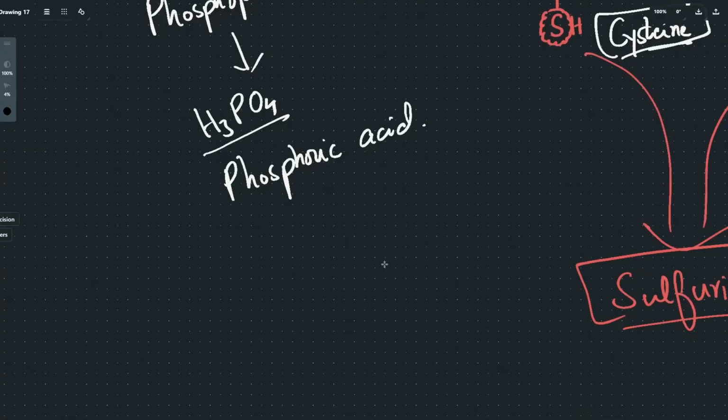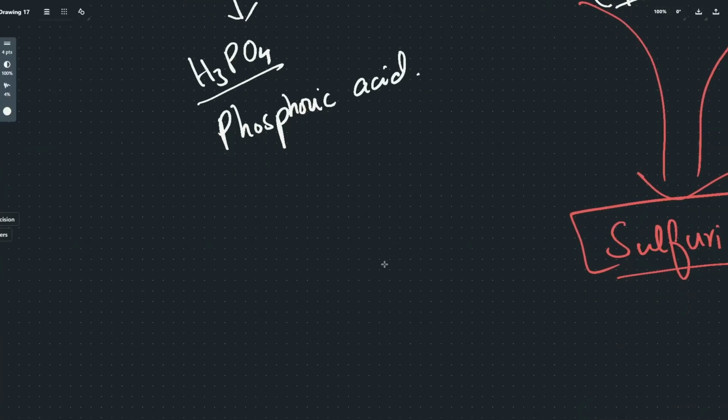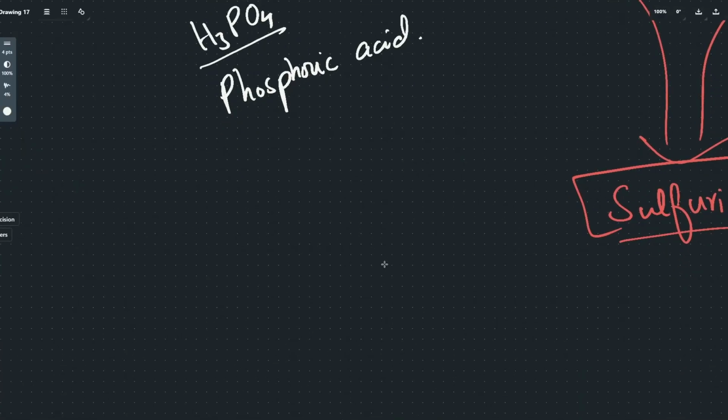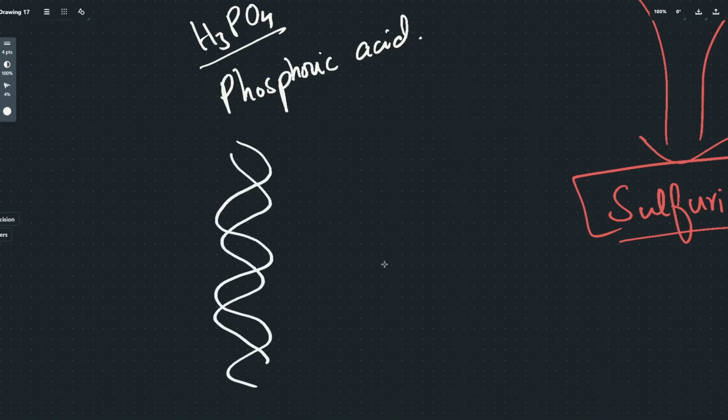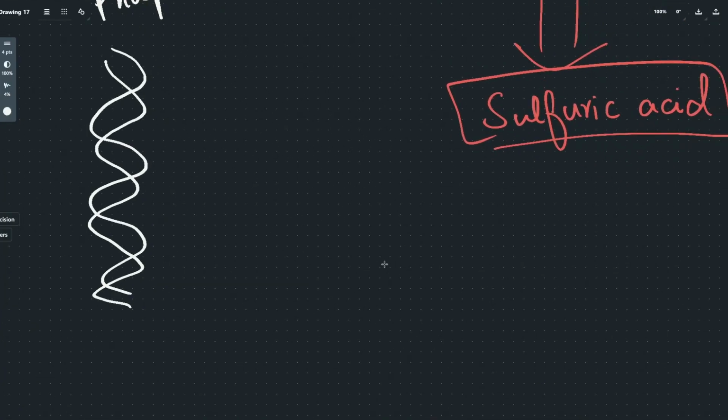Now, along with that, one of the most important structures of your body, what is that? DNA and RNA. DNA and RNA contain what we call nucleotides. And if you look at the structure of a nucleotide, if I draw the basic structure, this is the ribose or deoxyribose sugar. Then we have the nucleotide base, and here you will see that we have PO4.